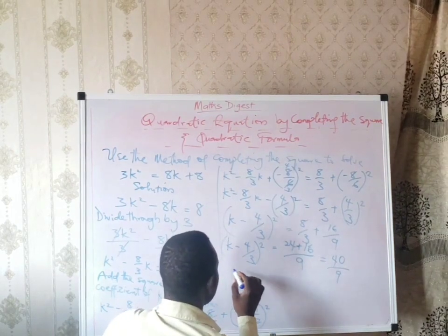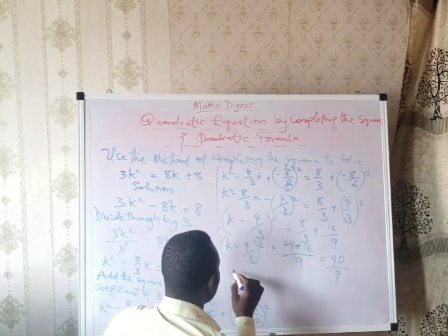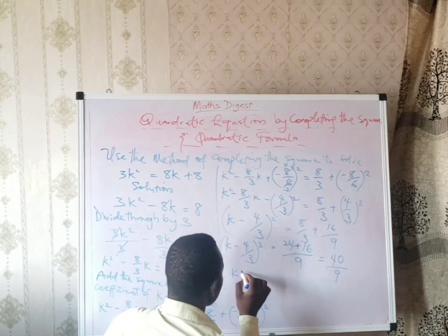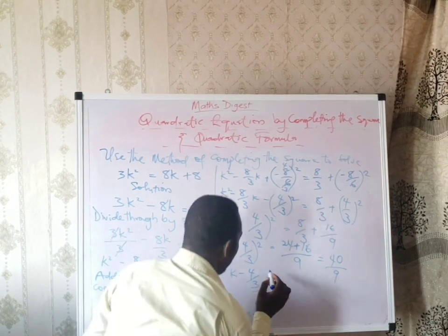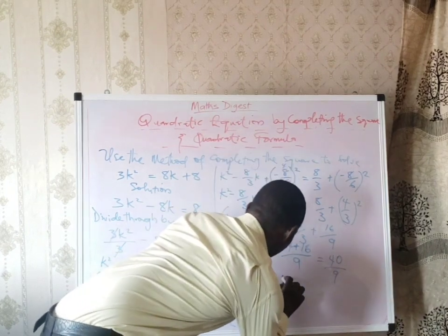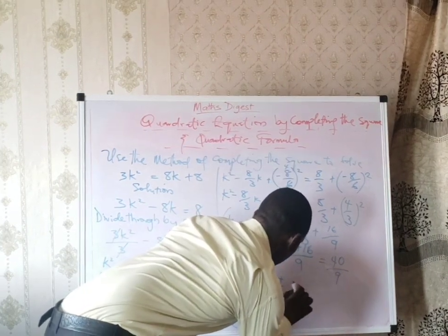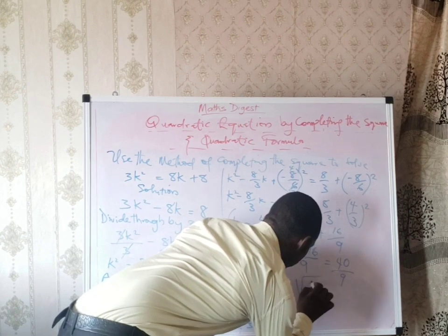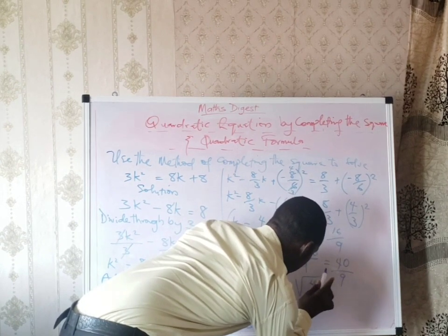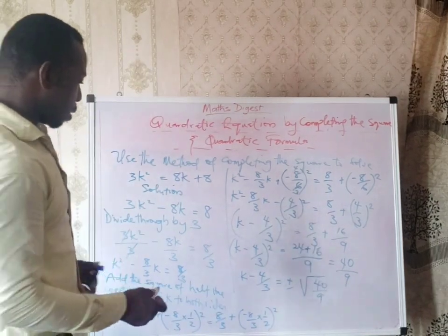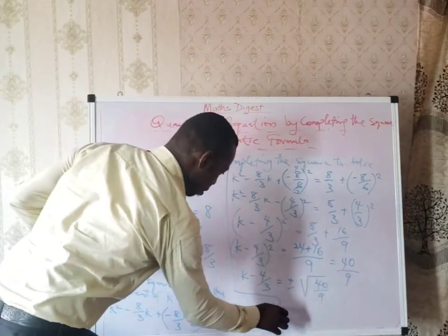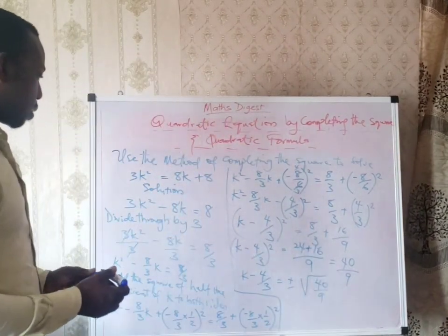Take the square root of both sides. Taking square root of both sides, we have k minus 4 over 3 equal to plus minus square root of 40 over 9. Okay, I'm trying to manage the board. I'm not writing out many other things.